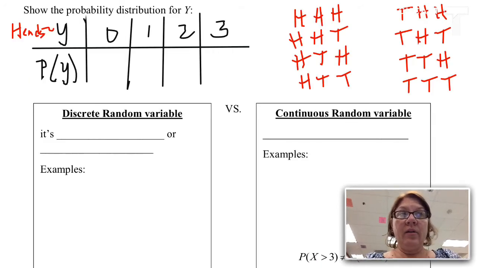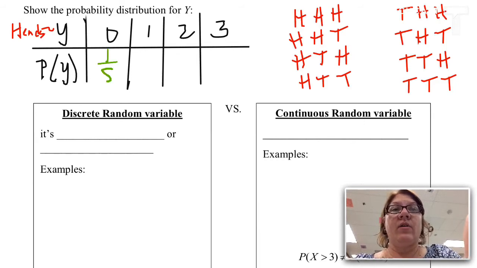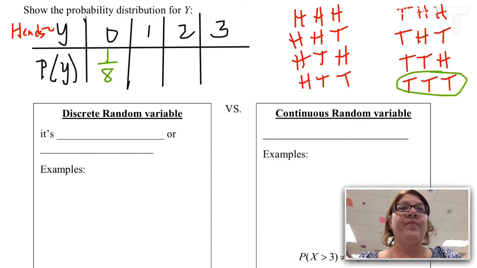And then if you go back and look in your notes where we made the tree diagram for the coin flipping 3 times, I've listed all the outcomes again over here to the right. And if I'm keeping track of heads, the probability that I get 0 heads is 1 out of those 8 outcomes. The probability that I get 1 head is 3 out of the 8 outcomes.